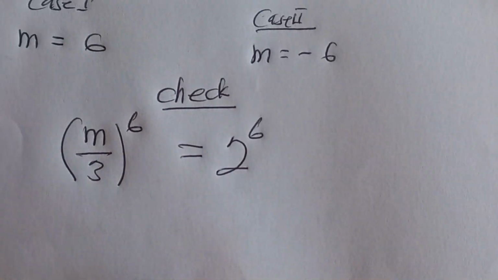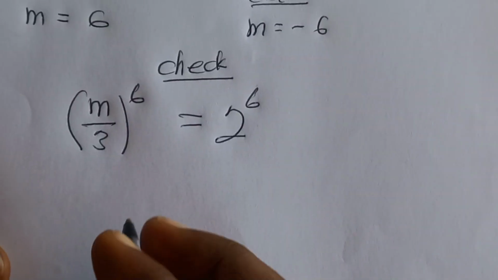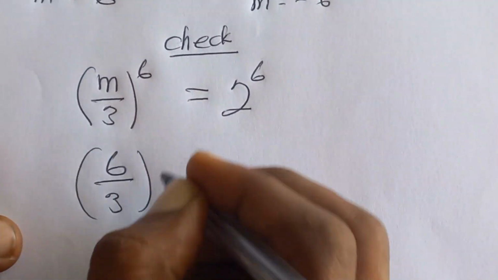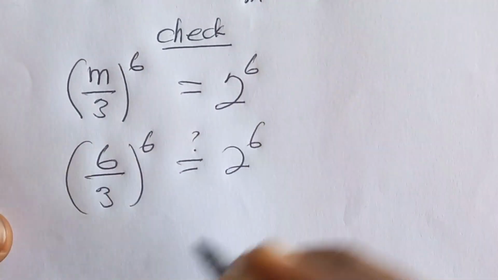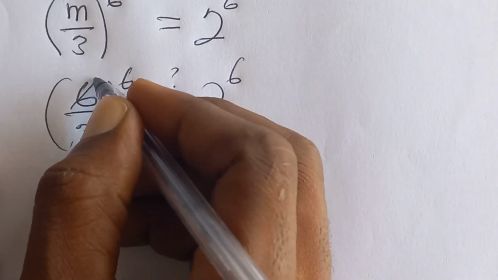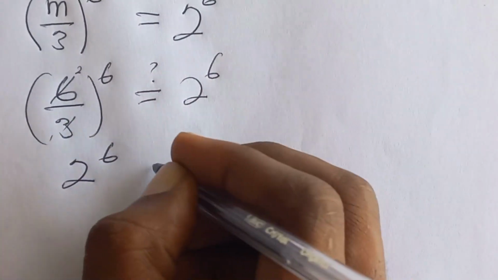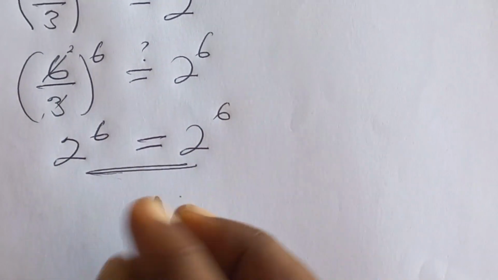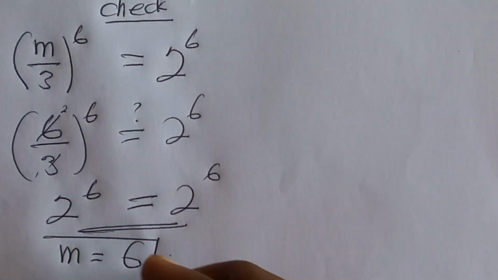So with this, for case 1, when m is 6, we have (6/3)^6 is equal to 2^6. Now 3 goes into 6 two times. So we are going to get 2^6 is equal to 2^6. So it means that our m is equal to 6. It is true.